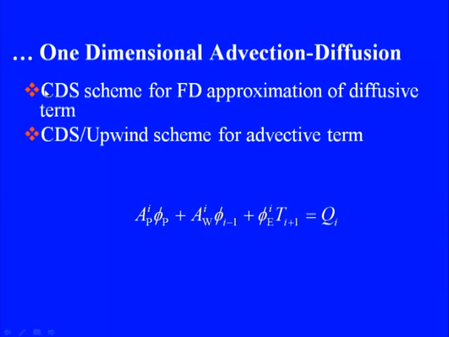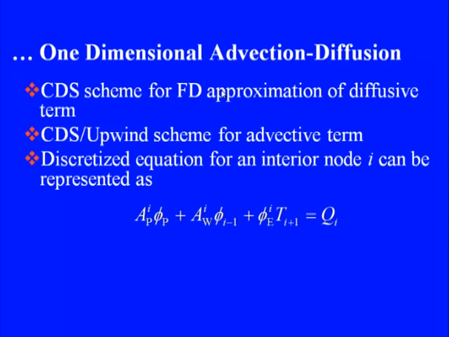We will primarily choose central difference scheme for finite difference approximation of the diffusive term, that is the second order derivative which we had on the right hand side. For convective terms on the left hand side we can use CDS, that is central difference scheme, or Upwind scheme.